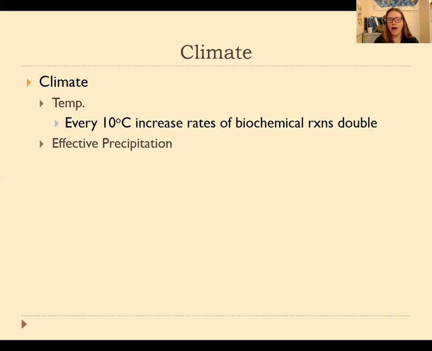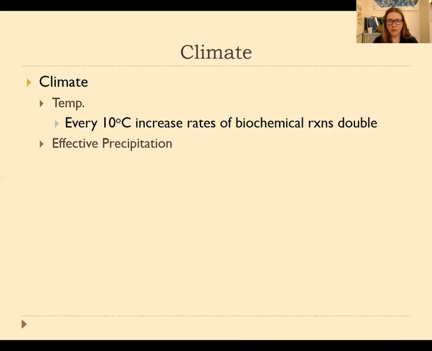And so there's this rule of thumb, back of the envelope type of thing that many biologists know, which is that as we increase in temperature by about 10 degrees Celsius, which is equivalent to increasing about 20 degrees Fahrenheit, so maybe from 50 degrees Fahrenheit to 70 degrees Fahrenheit, we're going to double the rate at which different biochemical reactions are happening.